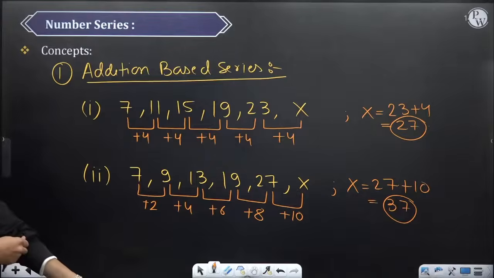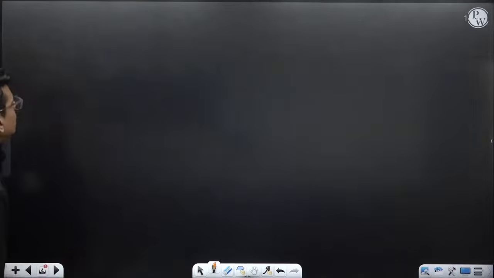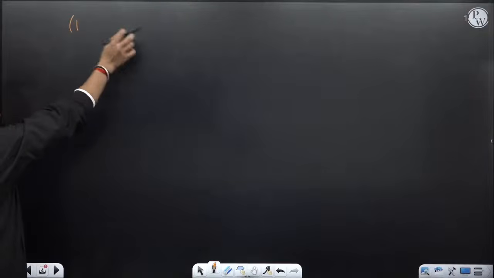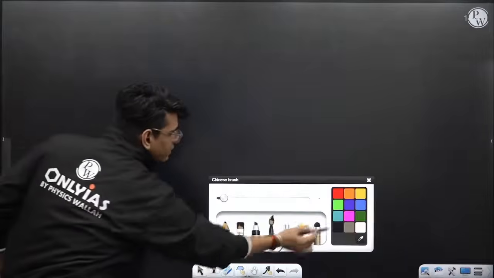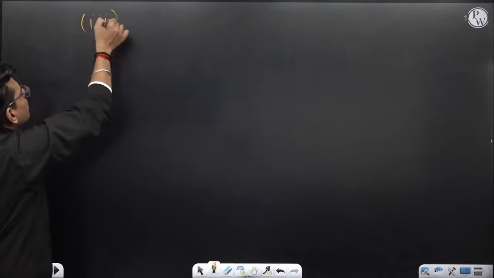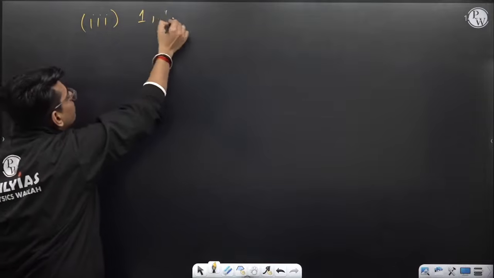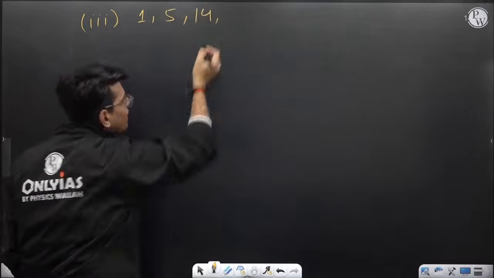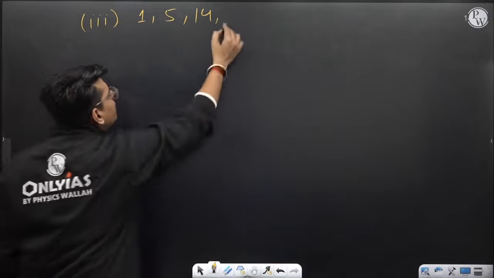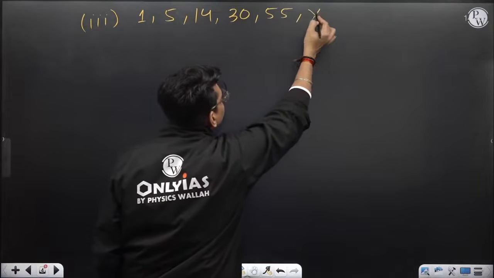Let's take one more example, the third example from addition series: 1, 5, 14, 30 and 55, and we are asked to find the next term.